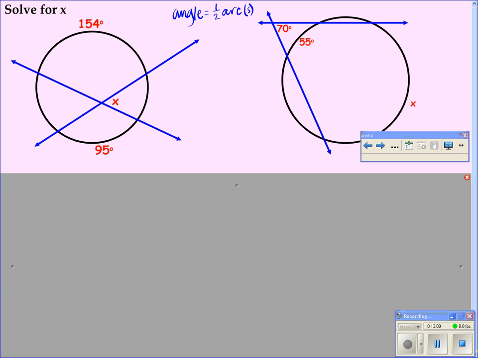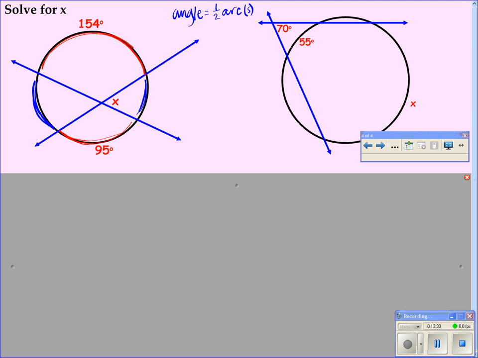Looking at this first one, we've got an angle over here. We're focusing on X, which opens up to these 2 arcs, right? We don't have anything on those arcs. We do have stuff on the other 2 arcs.